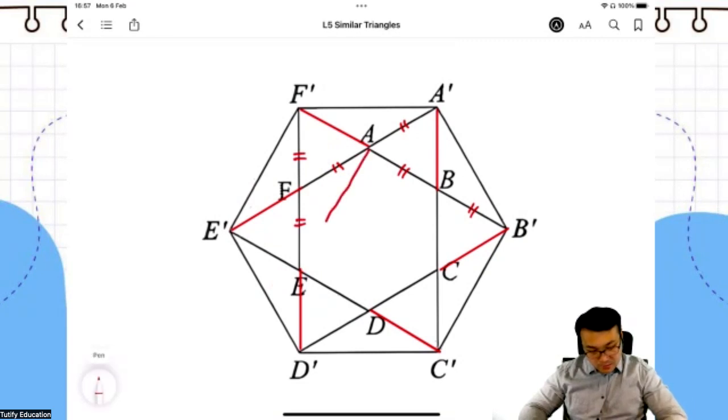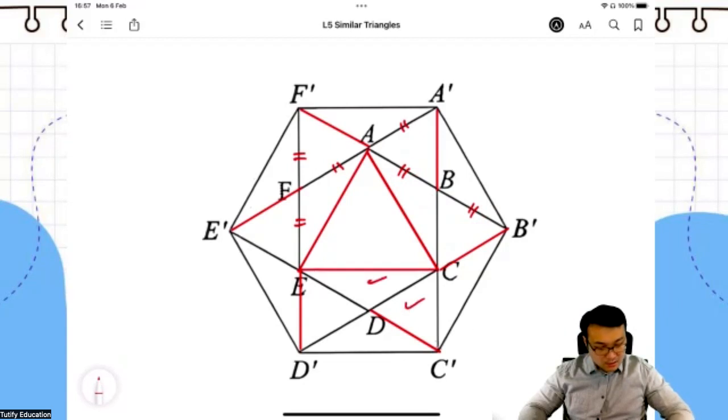Okay, so let me draw it properly. Let me draw this as well. You compare these two triangles, same base, same height, same area. And let me draw this as well. You compare this and this, or if you want to compare this and this, same base, same height, same area.